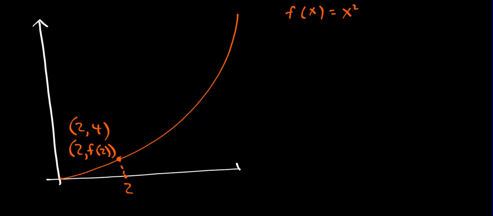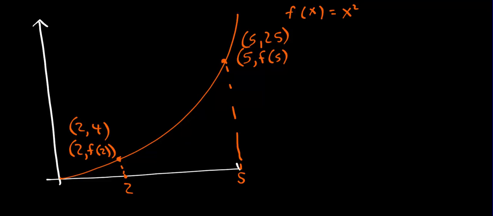And then let's suppose I go out here a little ways further to maybe x equals 5. And so now up here we have (5, f of 5), or (5, 25). So I have those two points.